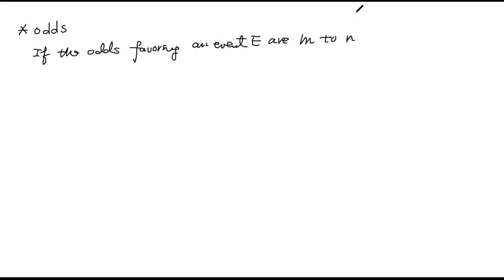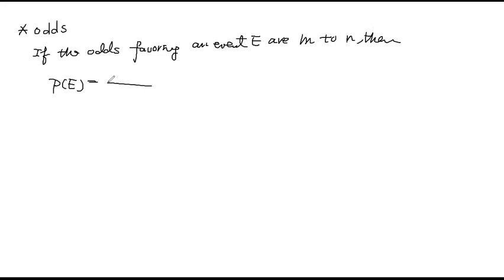Okay, so for example, if the odds favoring an event E are M to N, then because it's favoring, I know the probability of E. So the odds are just, you add them together.